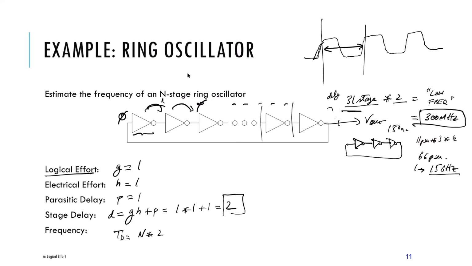So first you have to push a 1 across and then a 0 across to get the full period. So that's where the 2 comes from, times 2 for this delay per stage. So it ends up being 4N. And so the oscillation frequency is 1 over TD, which is 1 over 4N.